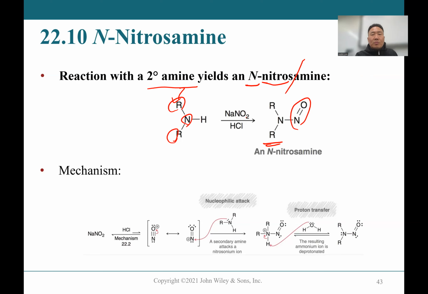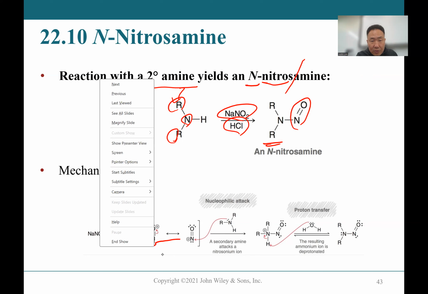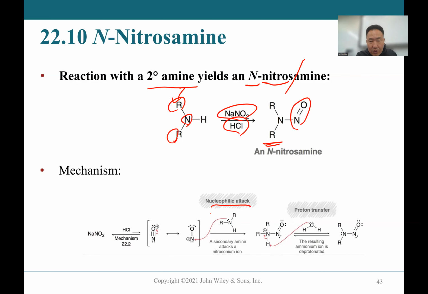You can use NaNO2 and HCl. When you see the mechanism, you generate the nitrosonium ion, and then nucleophilic attack and proton transfer. Finally, you get the N-nitrosamine.